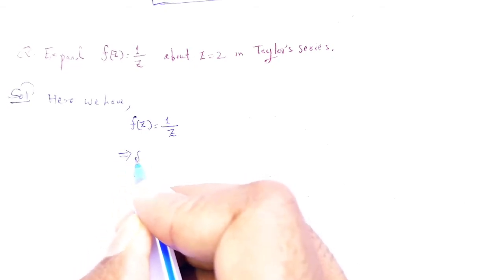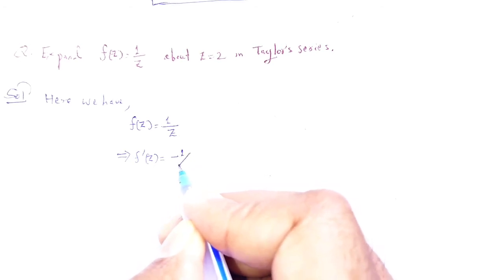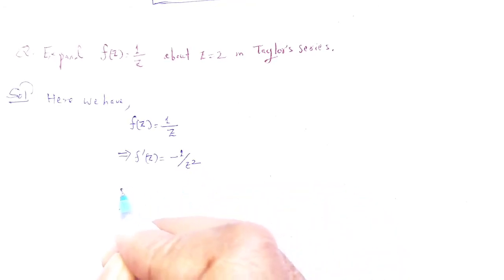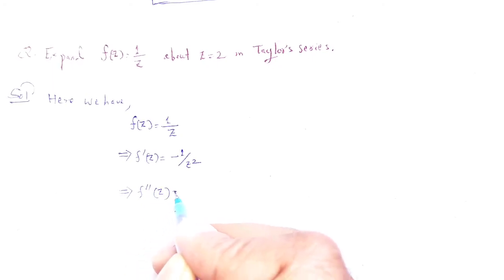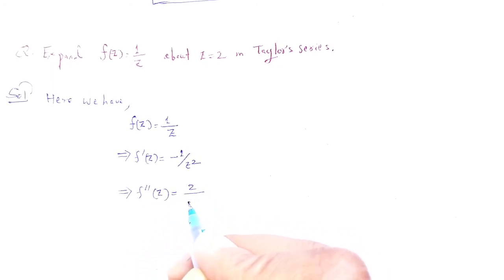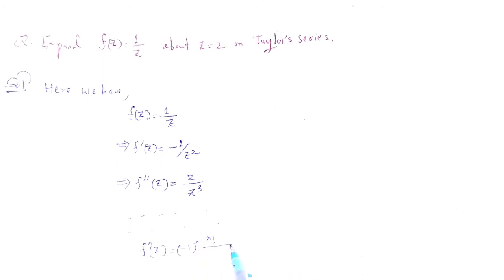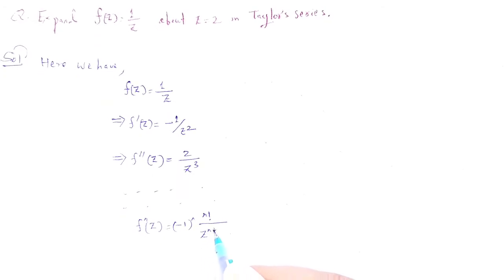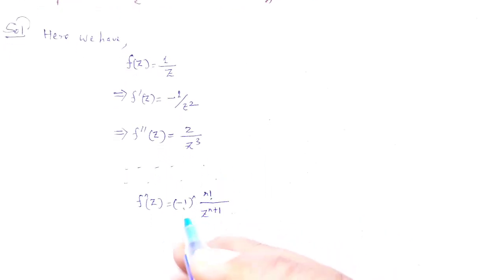Therefore, the first order differentiation f dash z is equal to minus 1 divided by z square. Second order differentiation f double dash z is equal to 2 divided by z cube, up to nth order differentiation minus 1 to the power n factorial divided by z to the power n plus 1. Let me expand it by using Taylor's series.